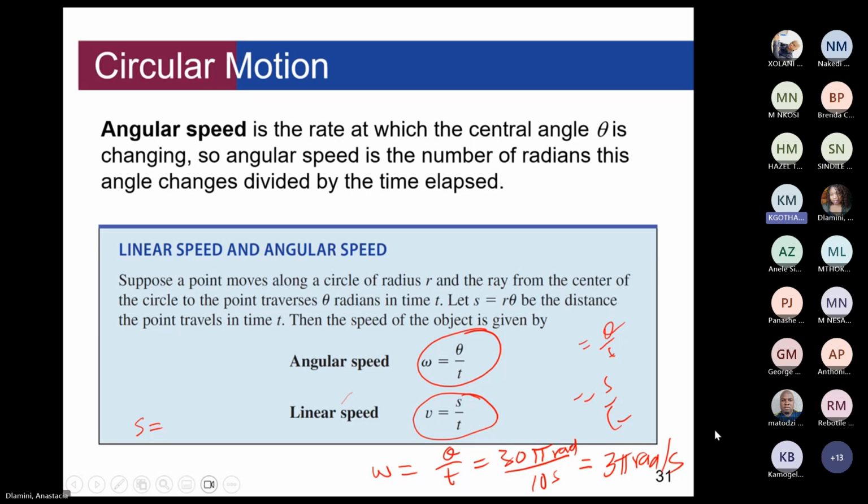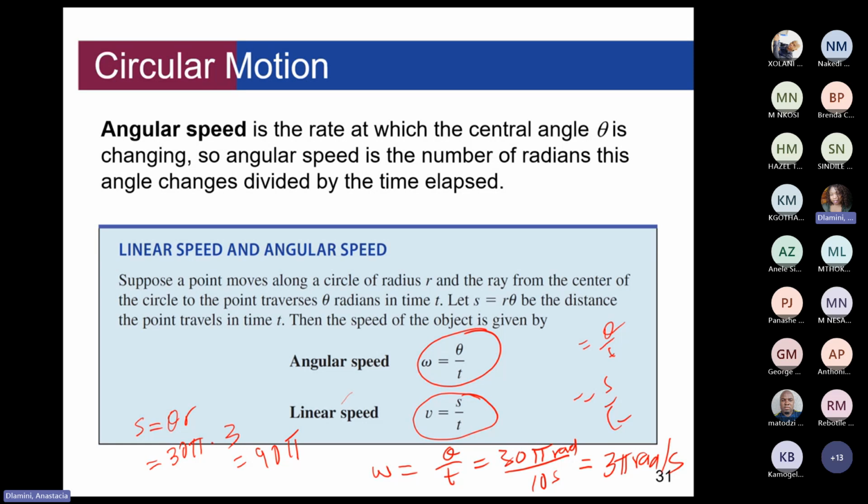That's where the radius comes in. Well done. So it's theta times r. We know our theta is 30 pi times r. Our r is 3. Once you have your S, you can figure out linear speed. I made a mistake, this is 90 pi.